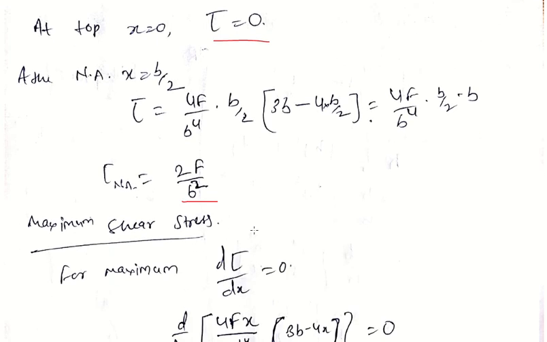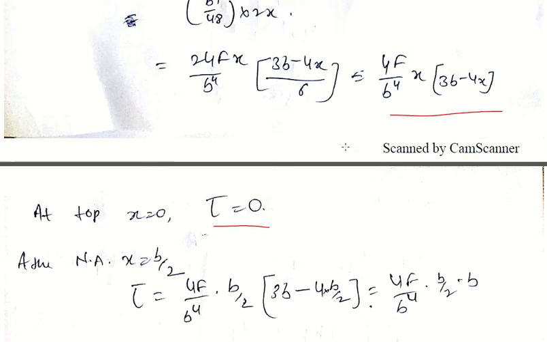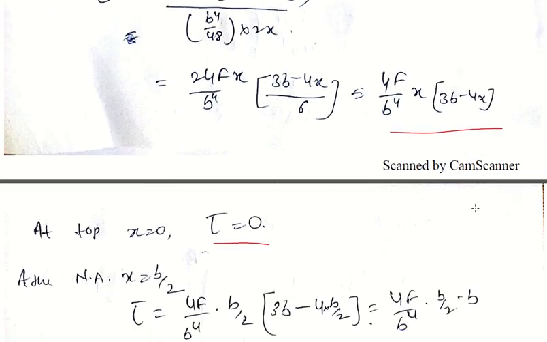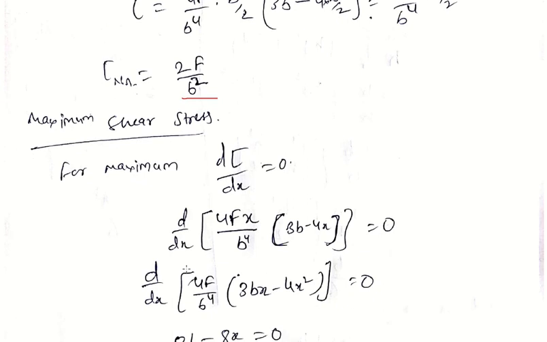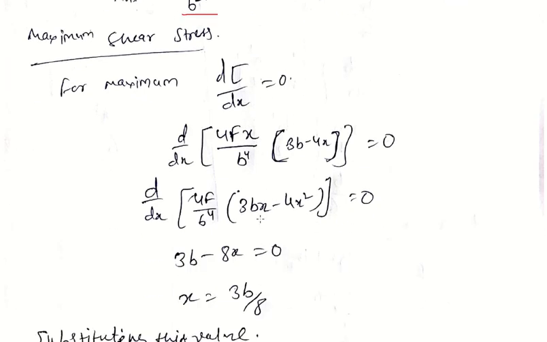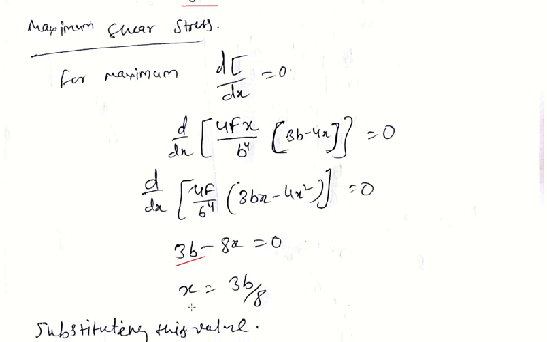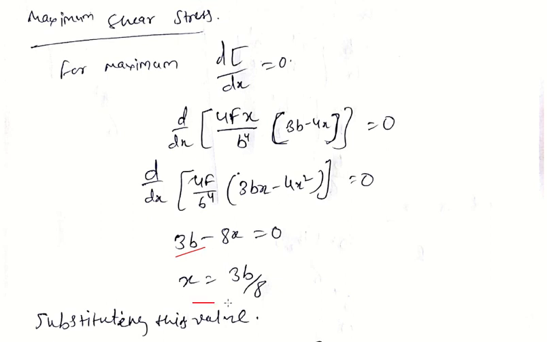Now for the maximum shear stress, we differentiate the shear stress equation with respect to x and equate to 0. So differentiating with respect to x, x gives 1, so 3b, and x square gives 2x, 2 into 4 is 8, then minus 8x equals 0. So it gives x equals 3b by 8.